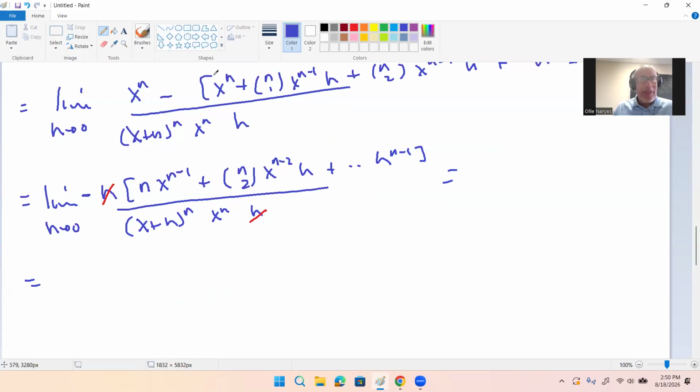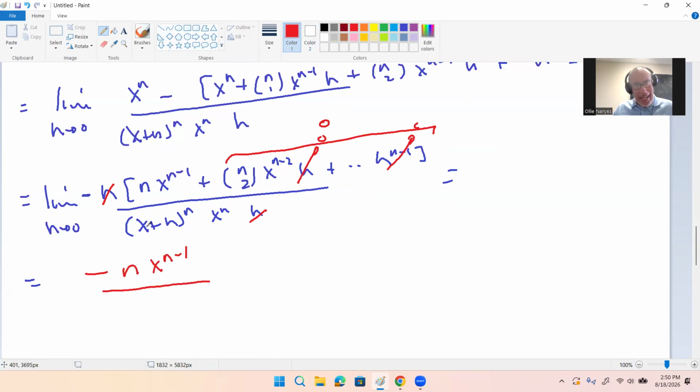So in the numerator, we can plug in h equals 0 with no problem. So all of this goes to 0. That cancels, so we end up with a negative n x to the n minus 1. As h goes to 0, we now have x to the n, because this is now 0, and you can plug that in because you're not multiplying by 0. This turns out to be minus n x to the n minus 1, and this is now x to the 2n in the denominator.